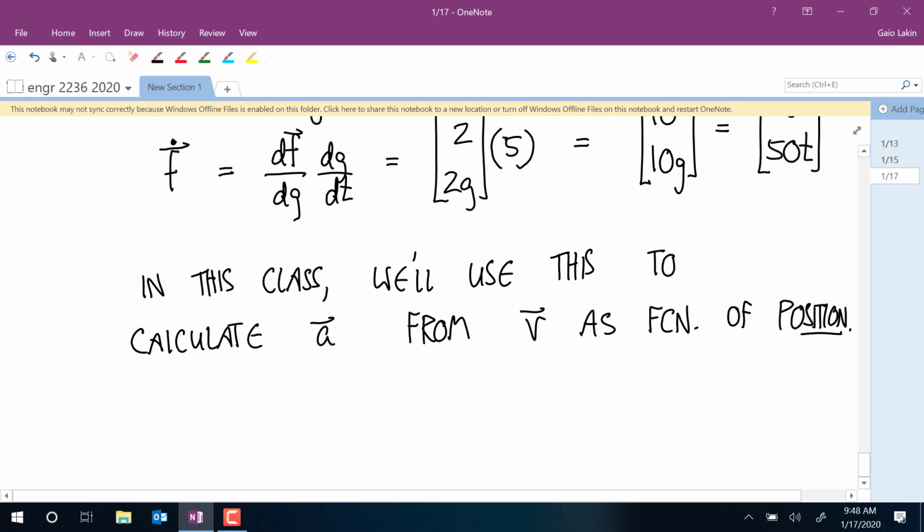But what if your velocity is given as a function of position? Well, acceleration is not the derivative of the velocity with respect to a position variable. So what can you do?